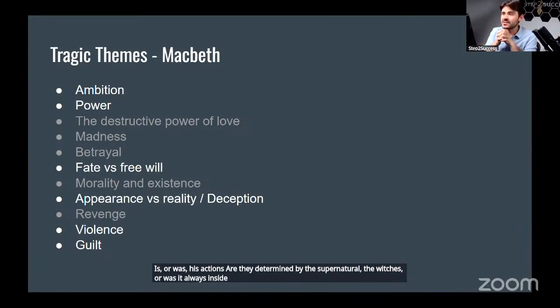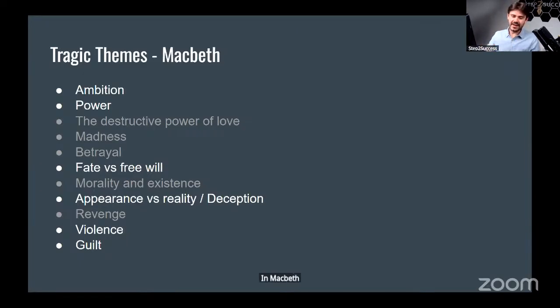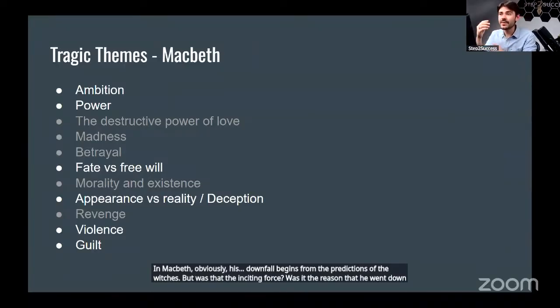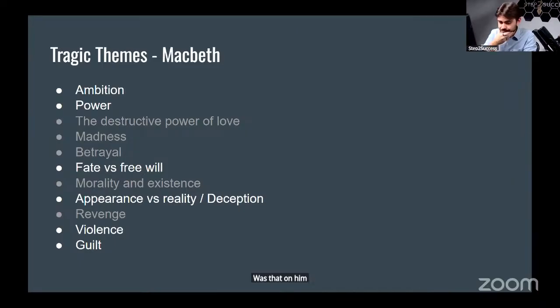Was it always human choice? So in Macbeth, obviously his downfall begins from the predictions of the witches. But was that the inciting force? Was it the reason that he went downhill? Or was it because he was always going to, because he was the kind of person that became overwhelmed with power and ambition?